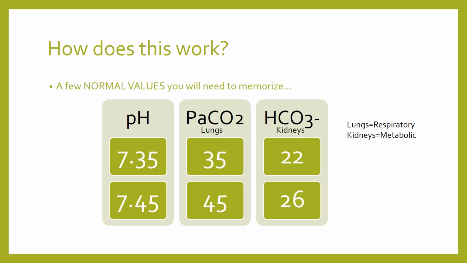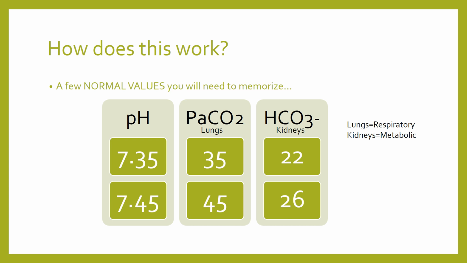Okay, so you do have to memorize a few values in order to understand ABGs. Normal pH is between 7.35 and 7.45. PaCO2, which is partial pressure of carbon dioxide, is 35 to 45. And bicarb, the HCO3, is 22 to 26.